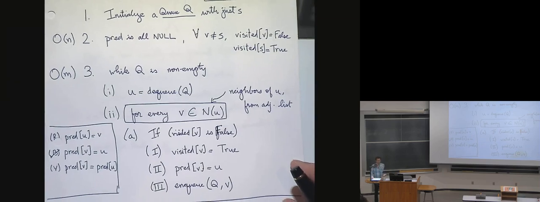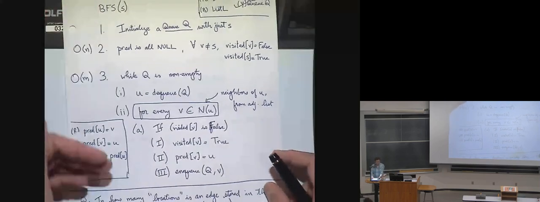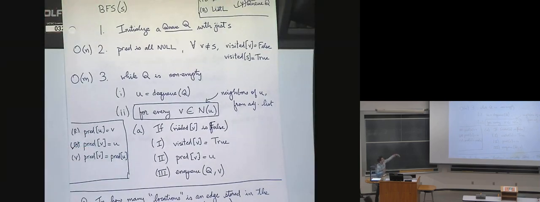When it terminates, imagine that you finish this, and I haven't written this explicitly, but predecessor and visited are like the return values. So I am talking about the behavior of the return value at the end, which is different from what happens in between. Does that clarify a bit?